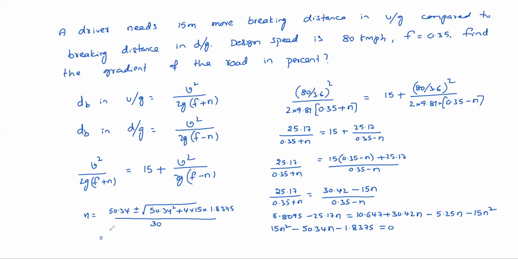That equals 50.34 by 30, that is 1.678, plus or minus square root of 50.34 square plus 4 into 15 into 1.8375, equal to 51 divided by 30.